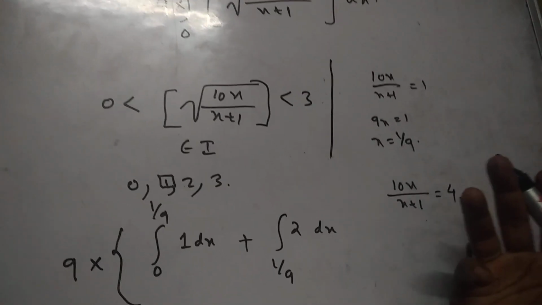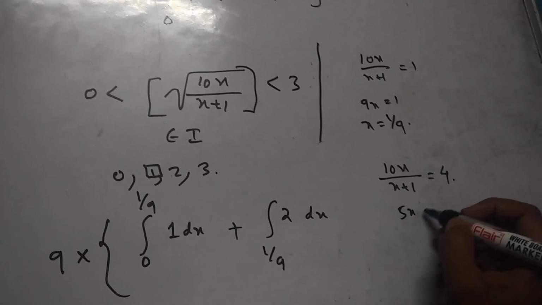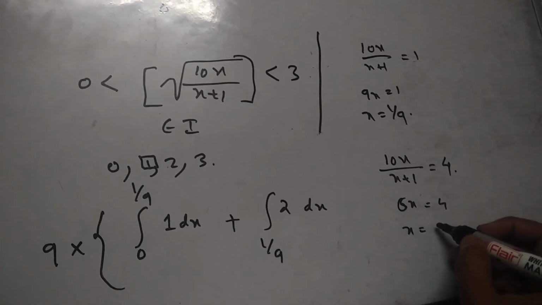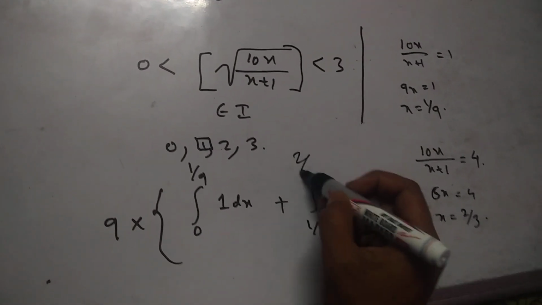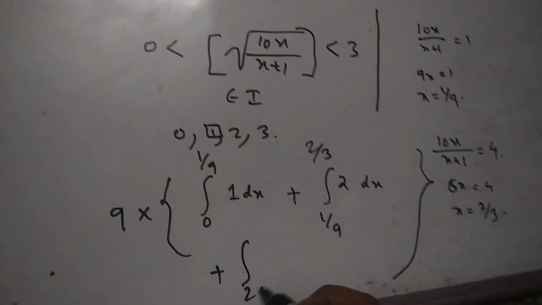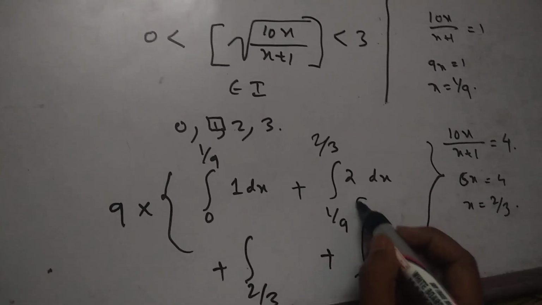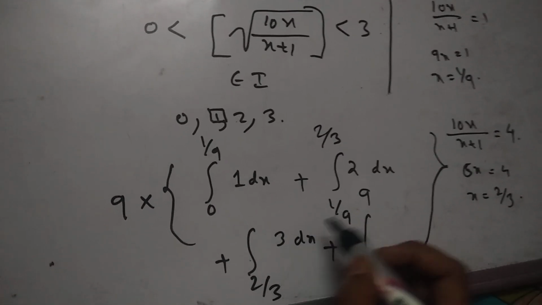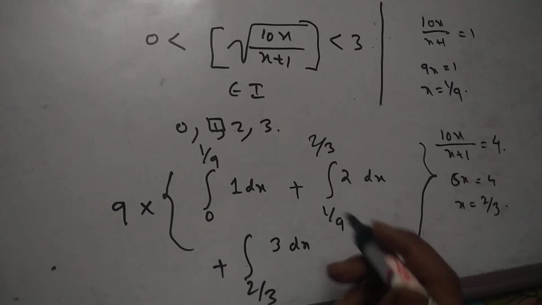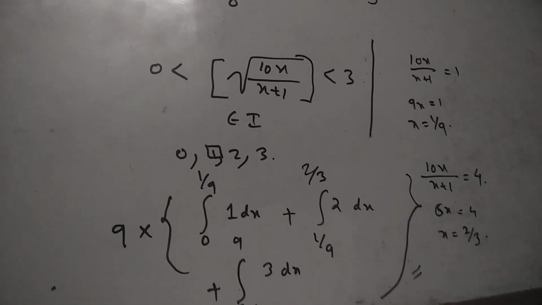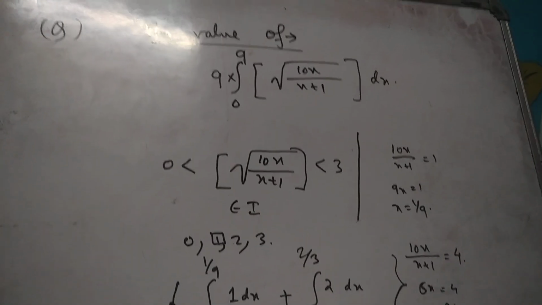Then only its root will be 2. So 5x equal to 4, sorry, 6x equal to 4, x equal to 2 by 3. So go from 2 by 3 to something, and these are all 3 dx. Sorry, so this will be the last one to 9, alright? So now just calculate it, you will get the answer. Okay, I hope it is clear to everyone. Chalo, let's move to the next question.